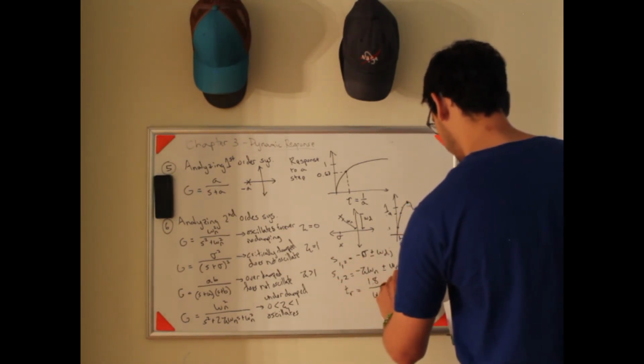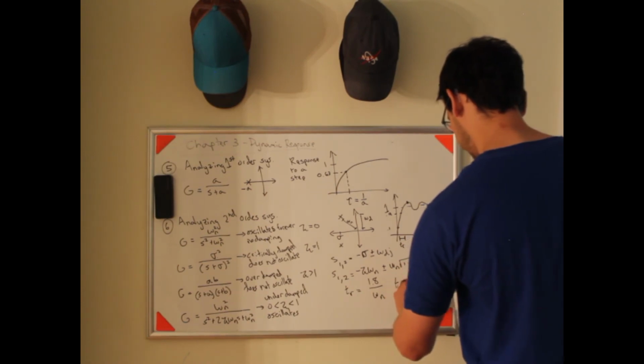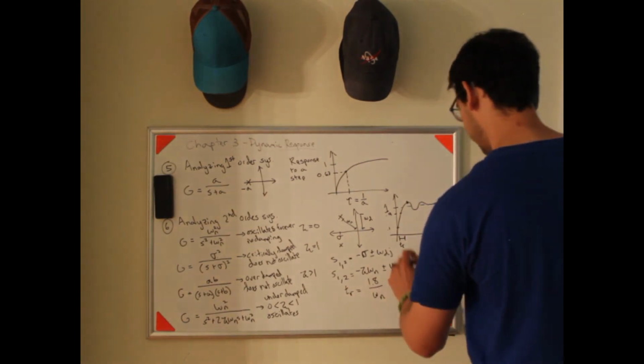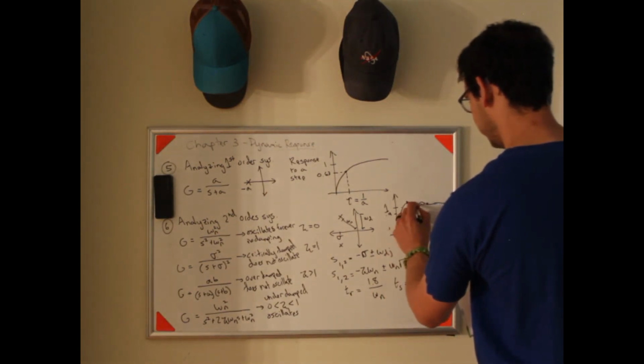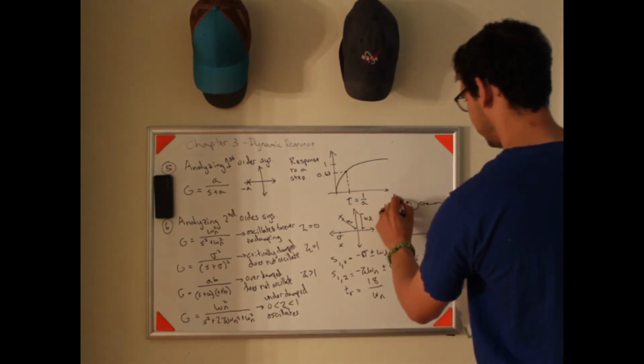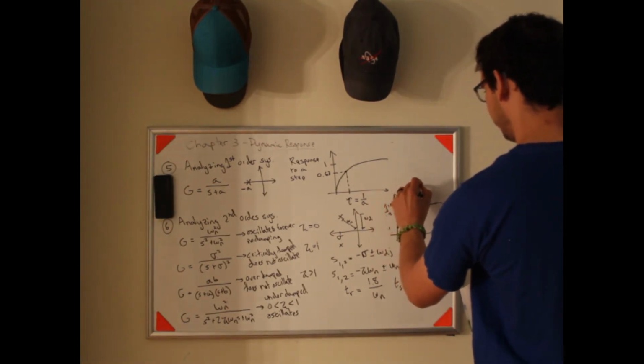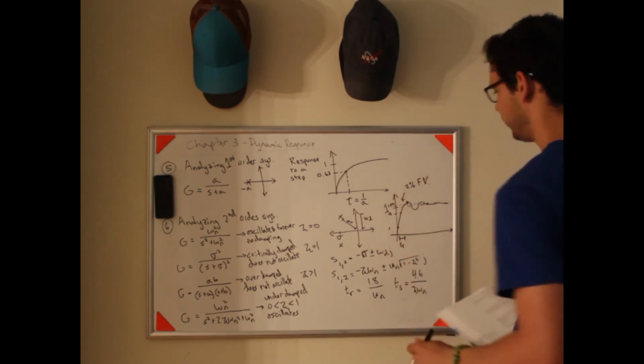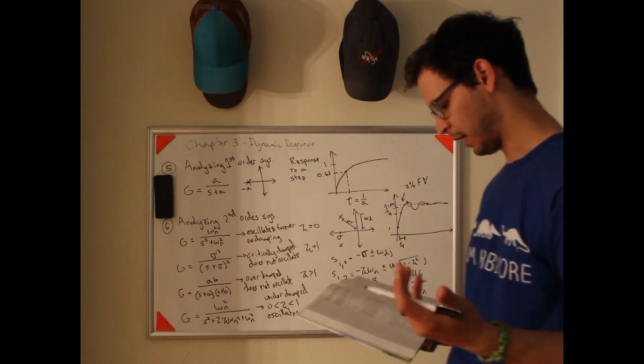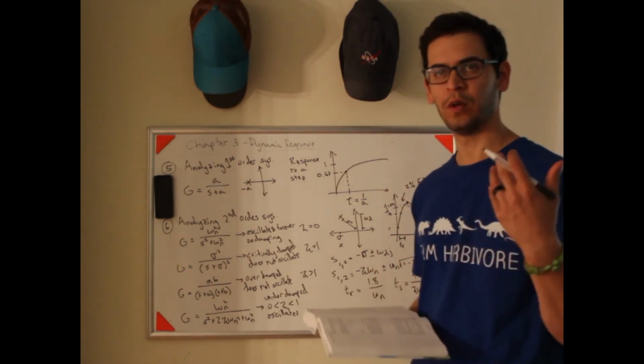The settling time, though, is 4.6 divided by zeta omega n, and that is where your system is within 2% of the final value. Okay? And that is basically everything that you need to know for chapter 3.